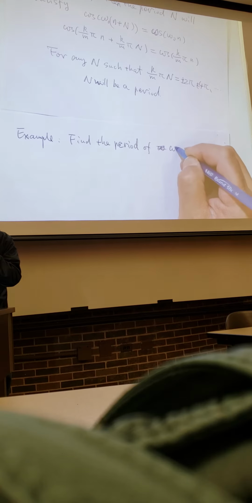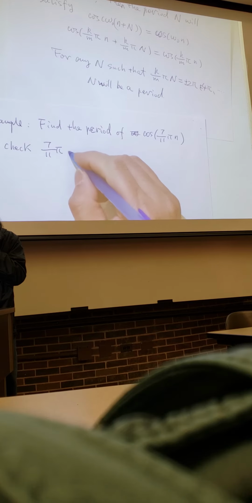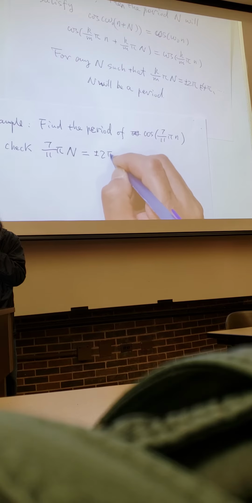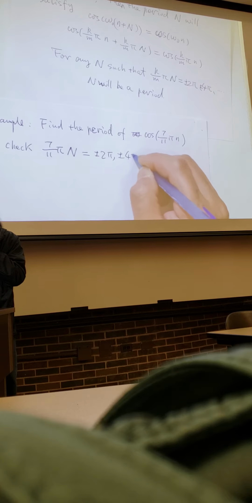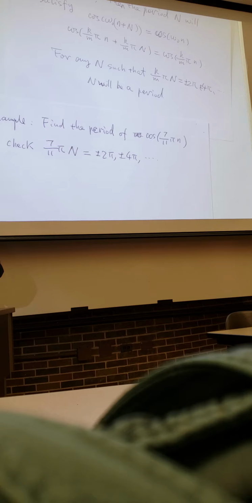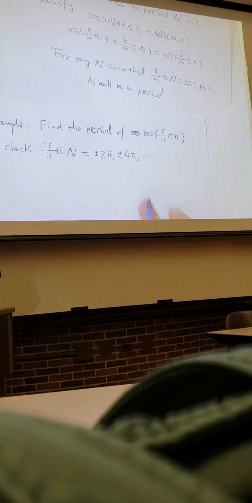Okay, now check 7 over 11 pi times that capital N equals to... check this one. We want to find capital N to satisfy this.